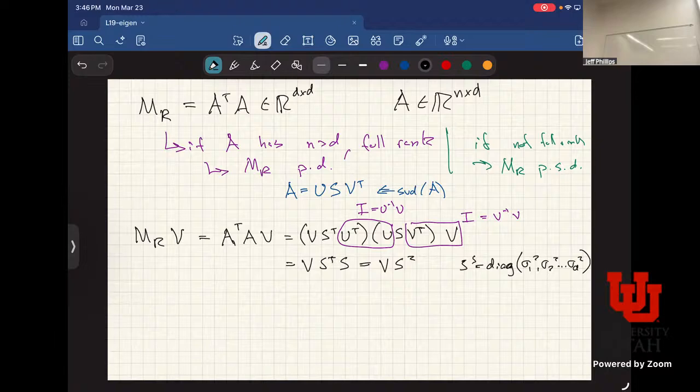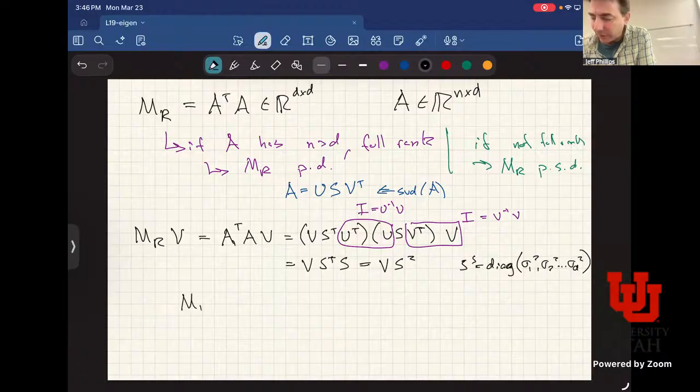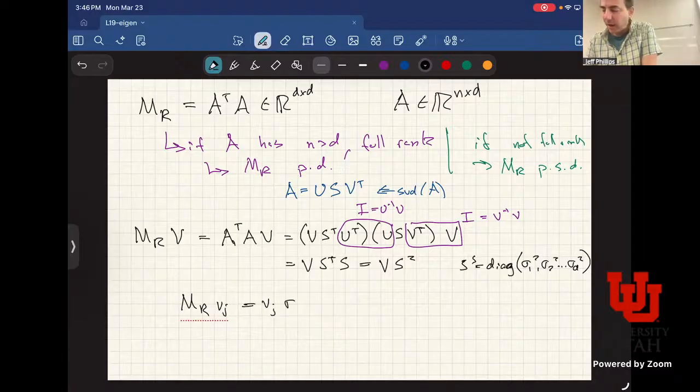So this implies that if I look at one column of the V matrix, M_R times vector V_j is equal to vector V_j times sigma_j squared.